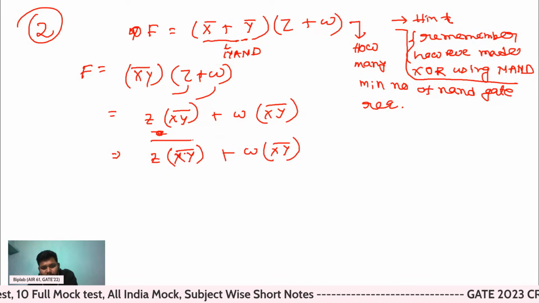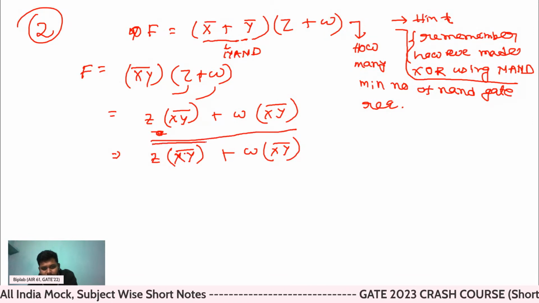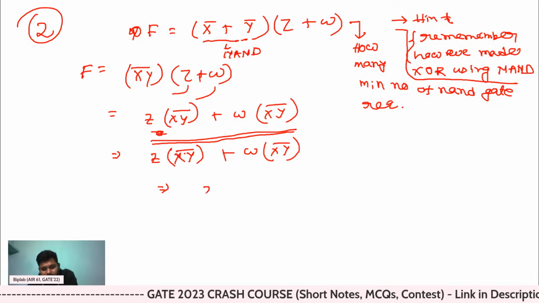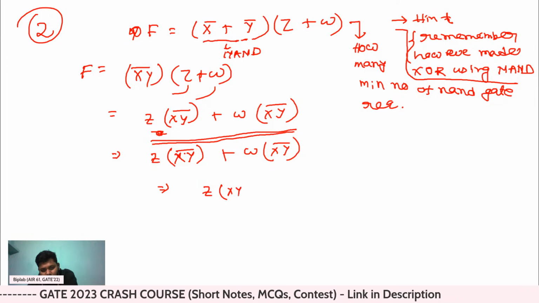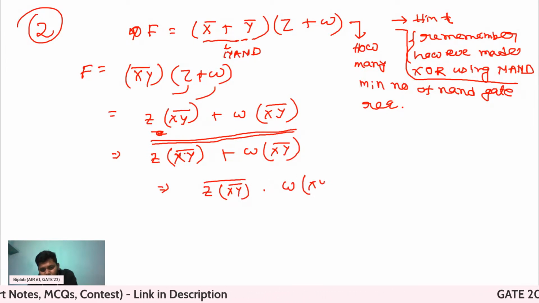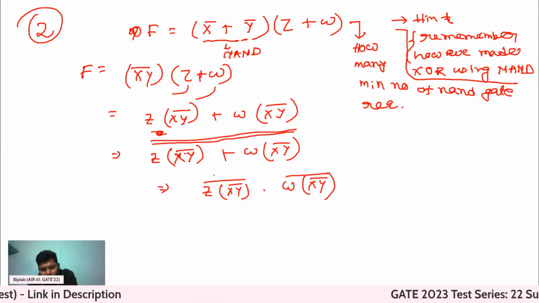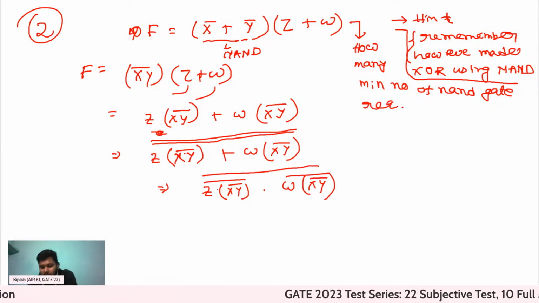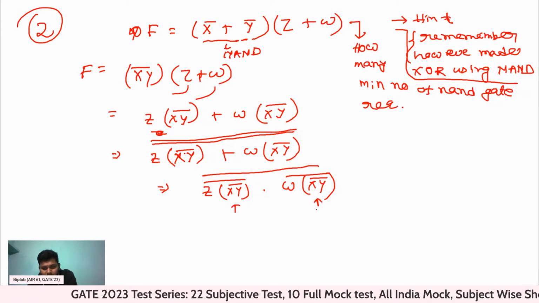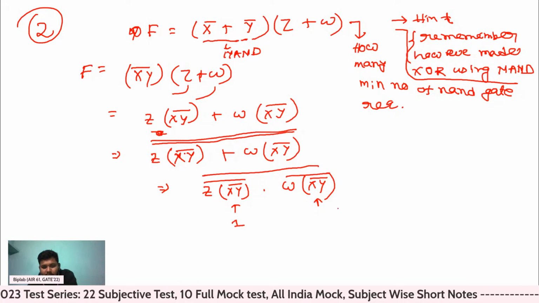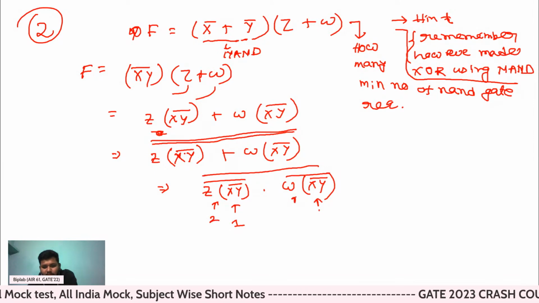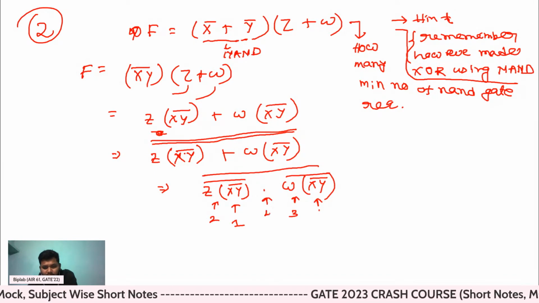So apply the same concept. Apply double bar, which will result in the whole bar of z(xy) bar and w(xy) bar, and here is another bar. So is it clear? You have one gate here, and that output can be reused here, and you have a second NAND gate here, a third NAND gate here, and a fourth one here.